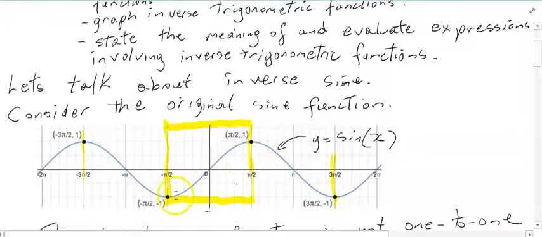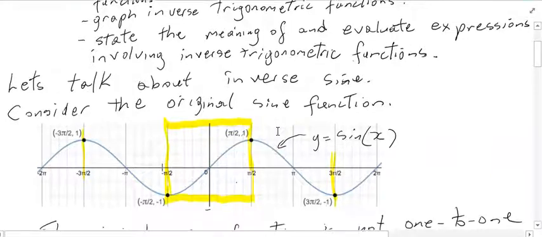When we talk about inverse functions, we were graphically looking at them in relation to the line y equals x. So it would be nice to sketch the line y equals x right in that area and then reflect that part over the line y equals x. So graphically, it is a nicer area to choose.